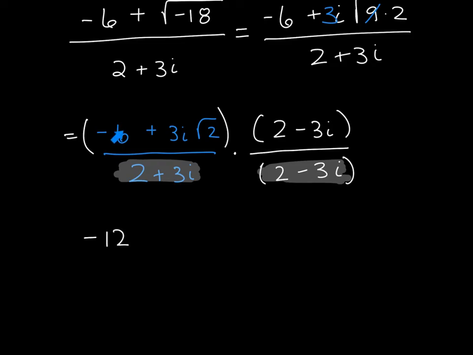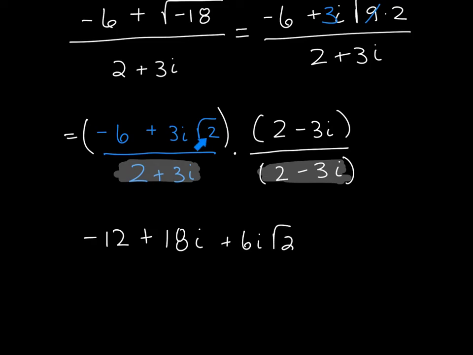Then I have negative 6 times negative 3i, which gives me a positive 18i. The next one is 3i square root of 2 times 2, which leaves me with plus 6i square root of 2.